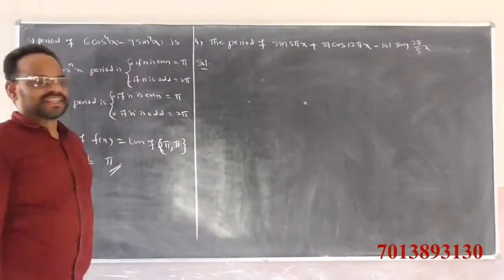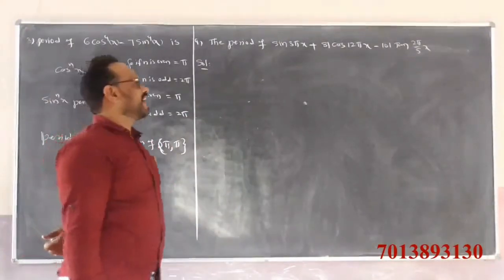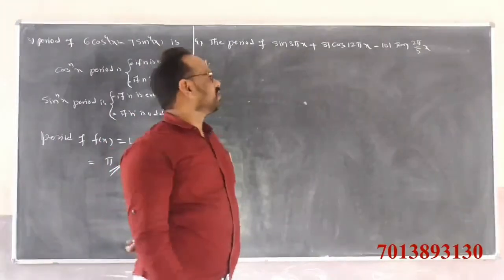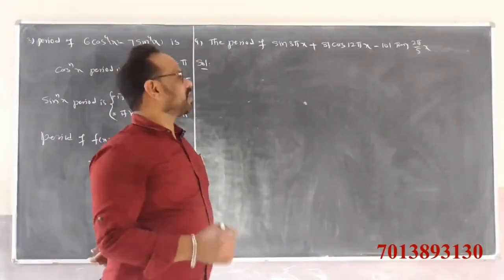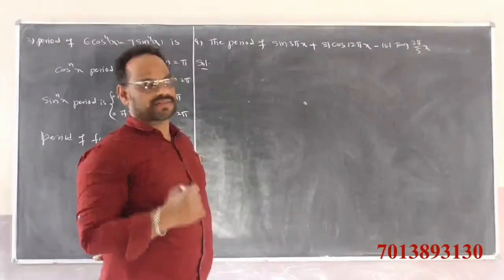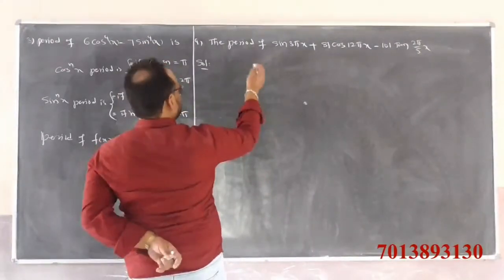The period of sin 3 pi x plus 81 cos 12 pi x plus 5 minus 101 tan 2 pi by 5 into x. We want the period.